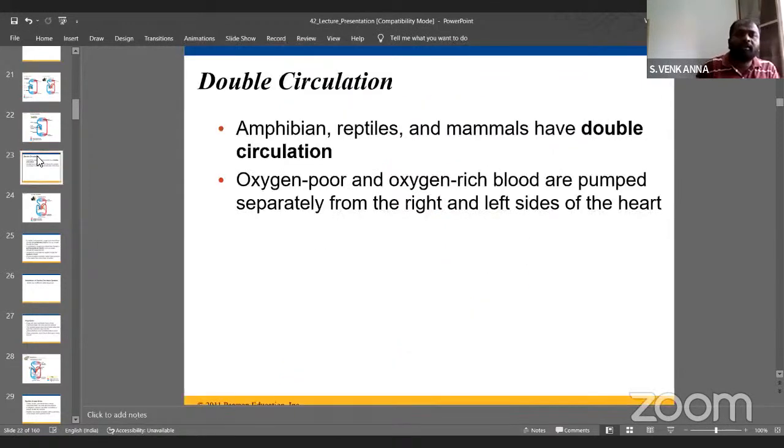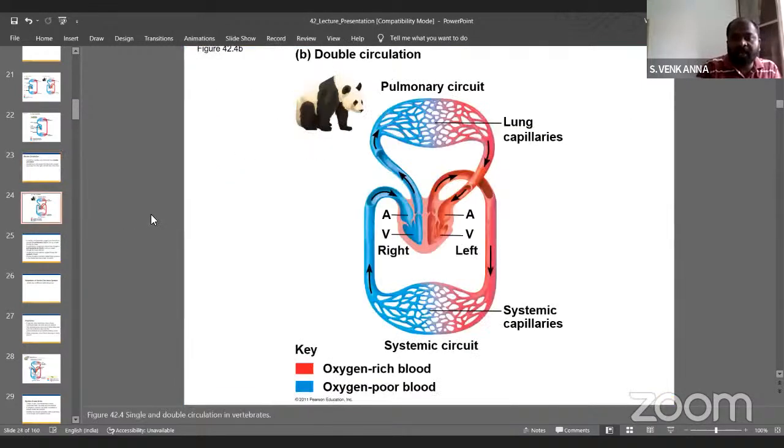Then next one, the double circulation system. Amphibians, reptiles, and mammals have the double circulation system. Oxygen-poor and oxygen-rich blood are pumped separately from the right and left sides of the heart. See, these are the right and left sides of the heart, oxygen-poor and oxygen-rich.